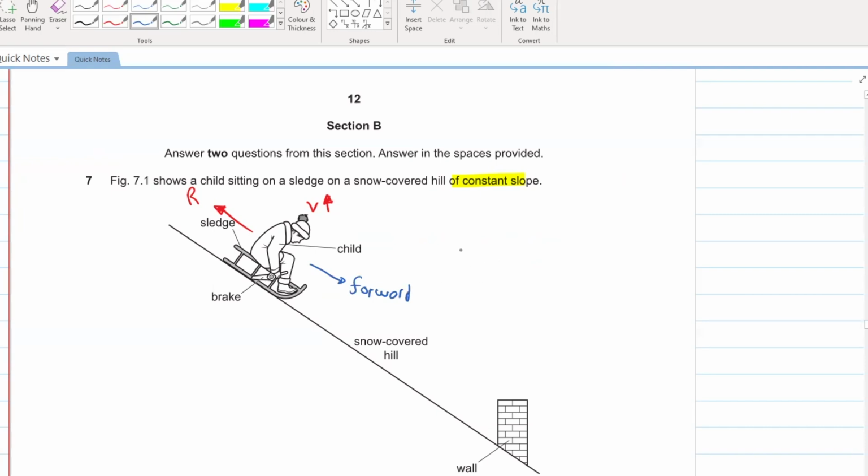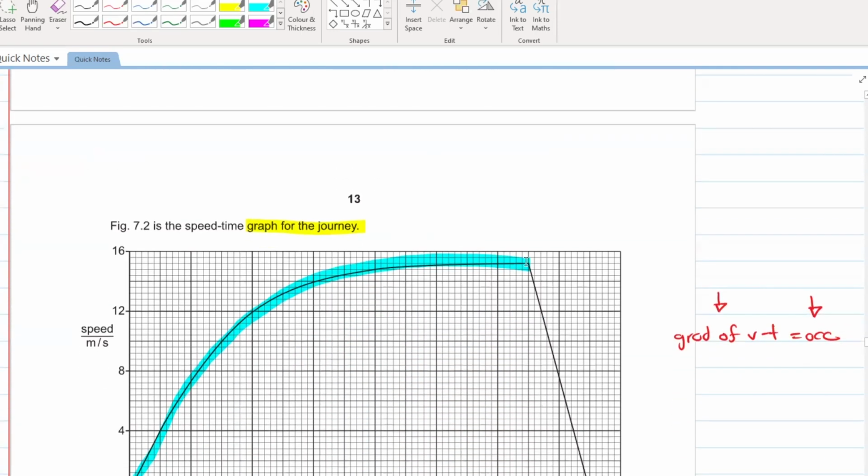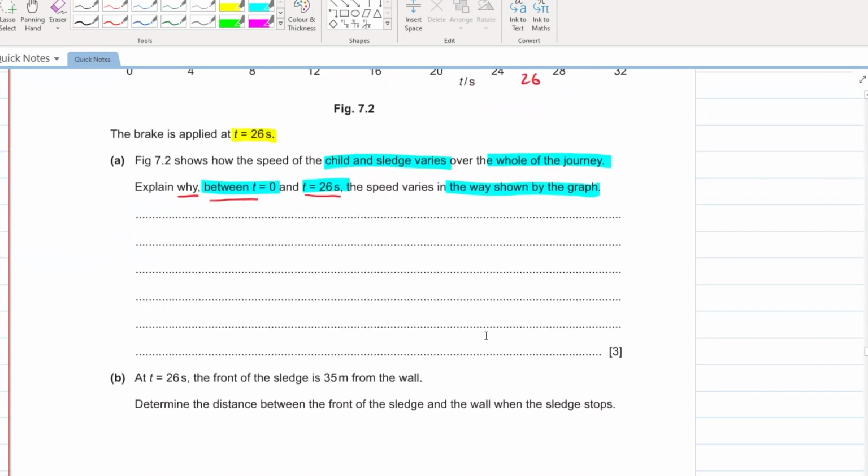At this point, the resultant force will be zero, your acceleration will be zero, and you will reach a constant velocity as shown in the graph. So you can write everything here.